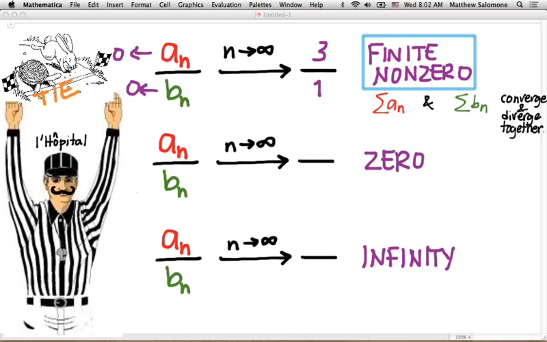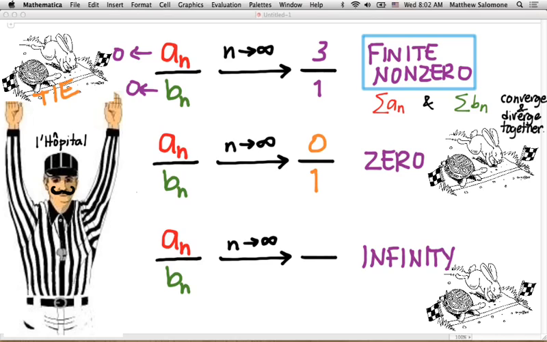But in your groups, you also saw some examples of the other cases in the limit comparison test, where the limit of the ratio turns out to either be 0 or possibly to be infinity. And my advice to your groups when this happened today is that if you got a limit of 0, for instance, to think of that 0 as being 0 over 1. And when you think of it as 0 over 1, then you look back at your fraction and ask, well, what did the numerator and the denominator want?